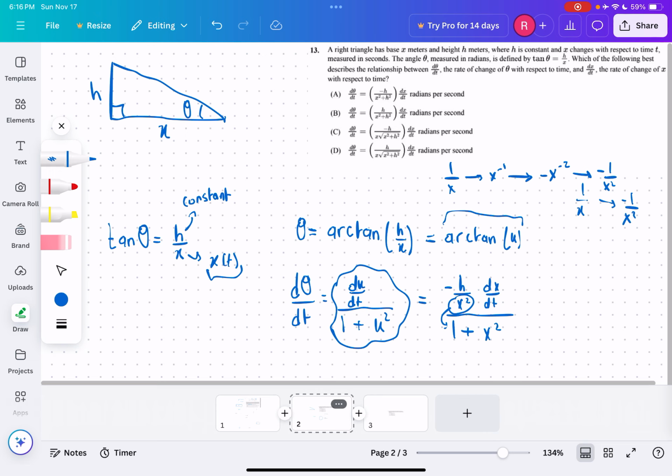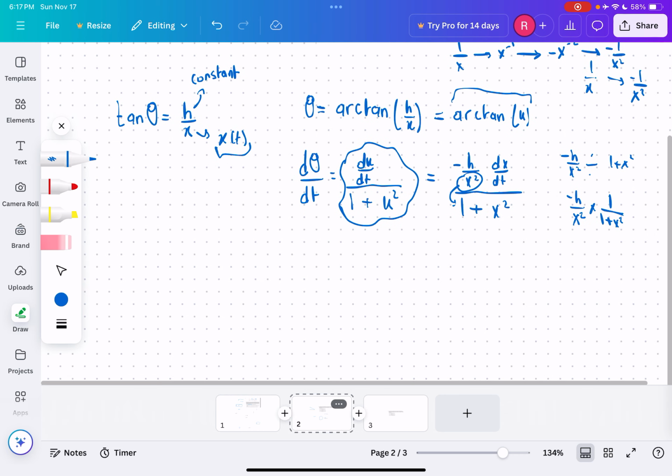So if you have minus h over x to the power of 2 divided by 1 plus h over x to the power of 2, you're going to get minus h over x to the power of 2 multiplied by 1 over 1 plus h over x to the power of 2. So the x to the power of 2 can safely go down in the denominator side. So you're going to get d theta over dt equals minus h dx over dt over x to the power of 2.